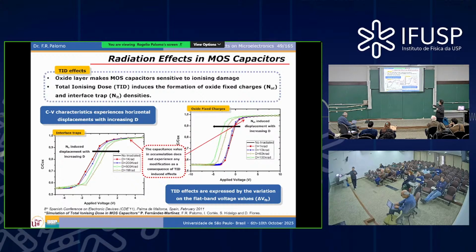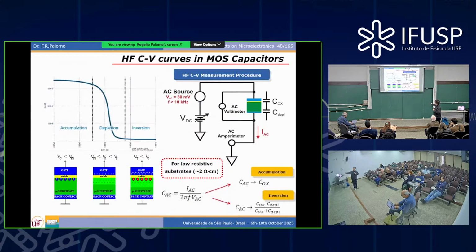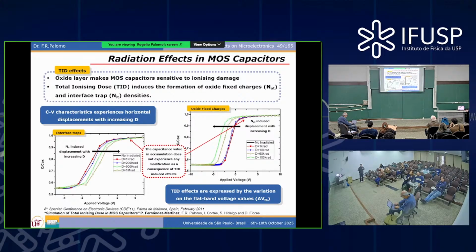This is exactly the CV measurement you are doing right now, Thalia. It's also reproduced in the simulation. First, we launched simulations for TID in that capacitor, because we wanted to get rid of that effect, since we were interested in the damage.